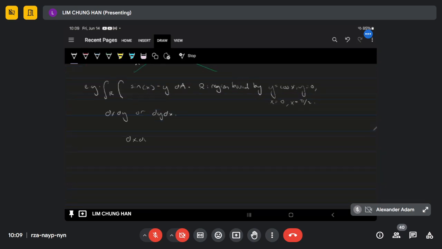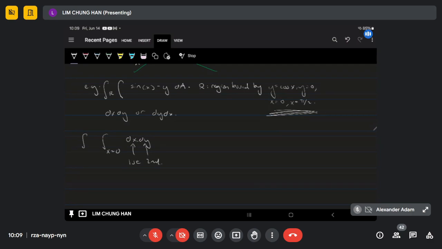If we do dx dy, that means we do dx first and we do dy second. Now what are the x limits in this question? Quick, I've given it. It's there. 0 and pi over 2. Correct.